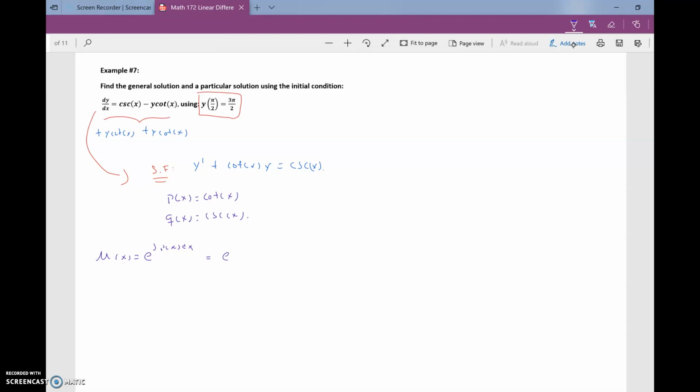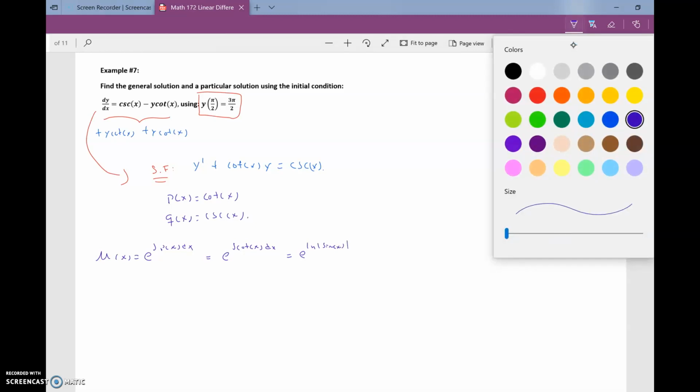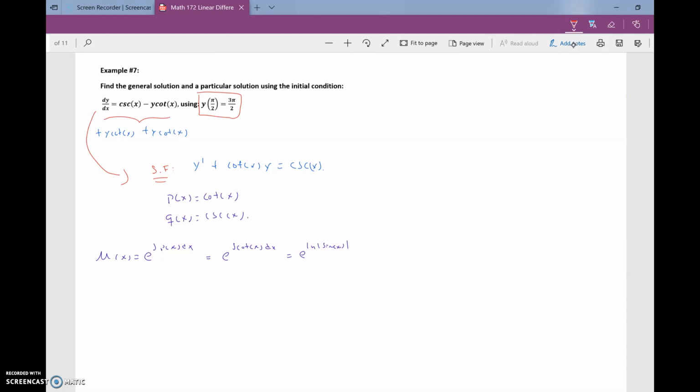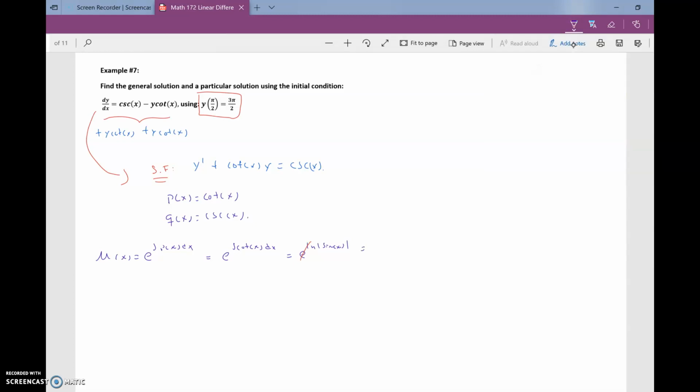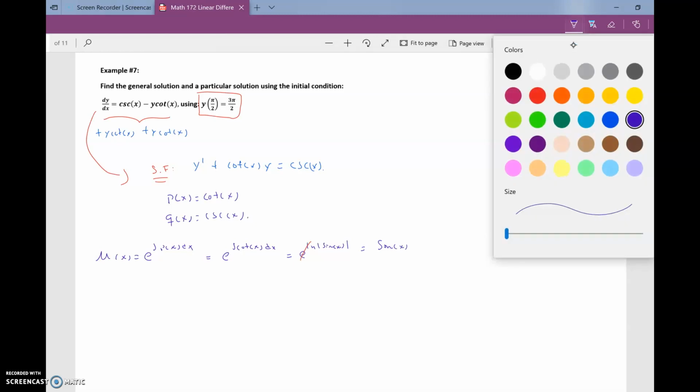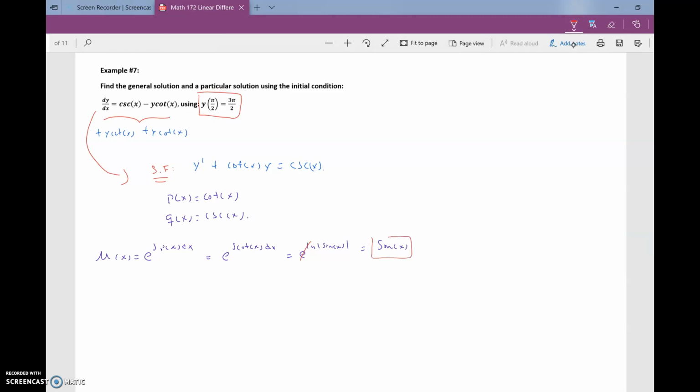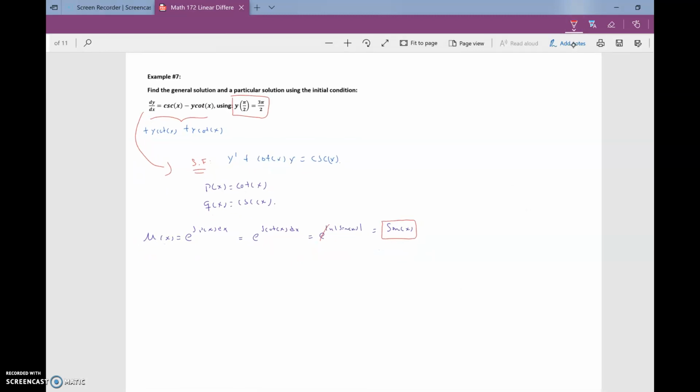So this will be e to the integral of cotangent of x dx, which is equal to e to the ln of the sine of x. And if we simplify this, there's technically a plus c, but that c gets ignored. We are just going to end up with sine of x as the integrating factor that would help us solve this equation.